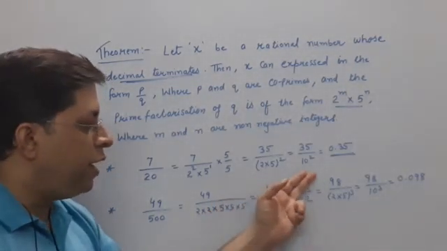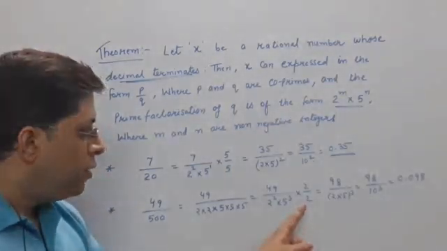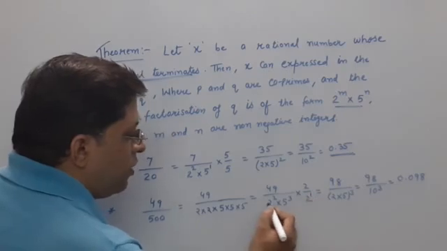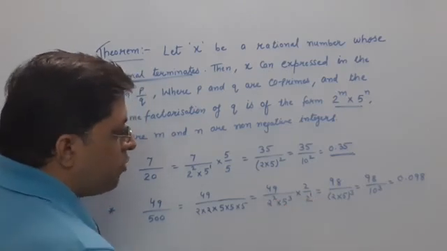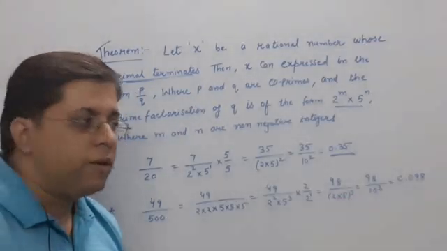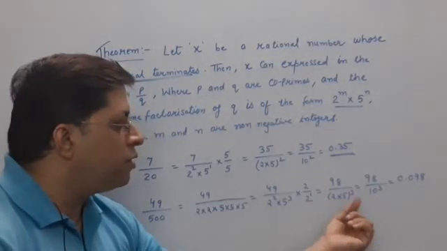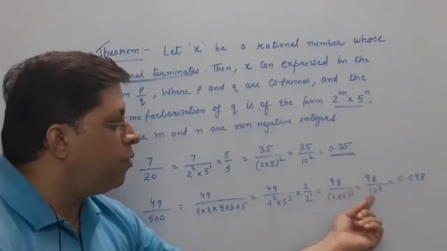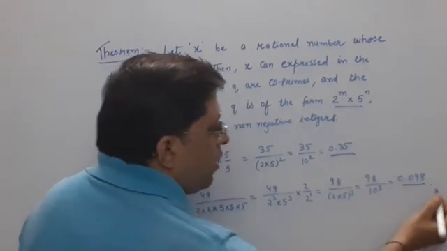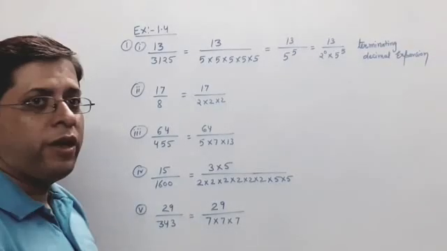Then 49 2s are 98. In the denominator, 2 power 1 plus 2 gives 2 power 3, and 5 power 3 is already there. Taking power 3 common, 10 power 3 will come, and 98 upon 10 power 3 will be 0.098.